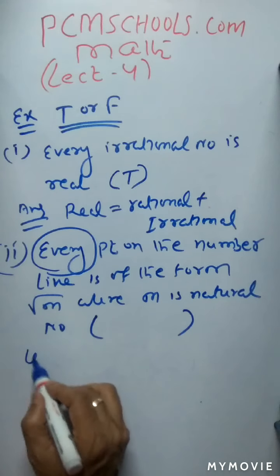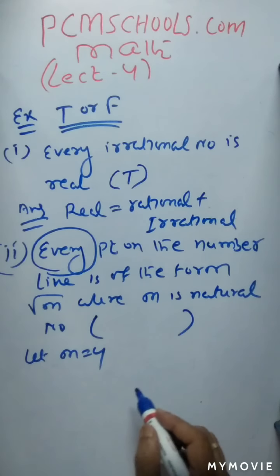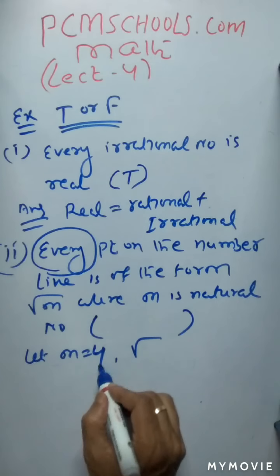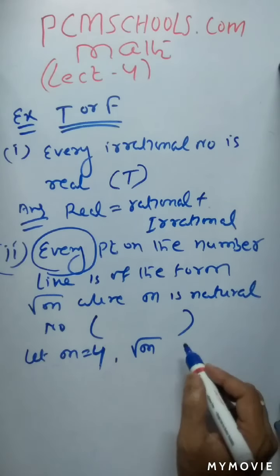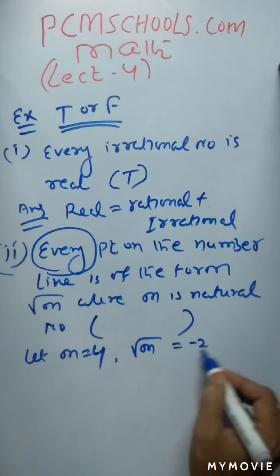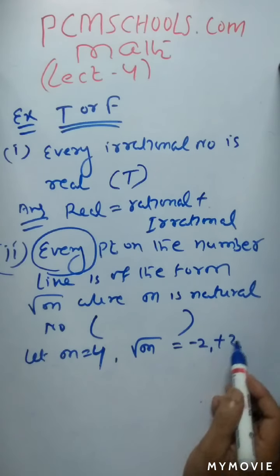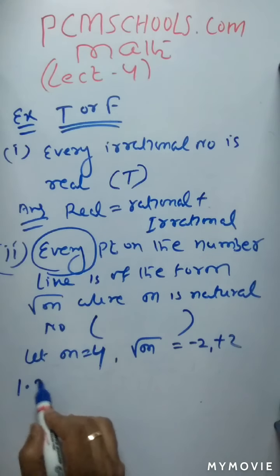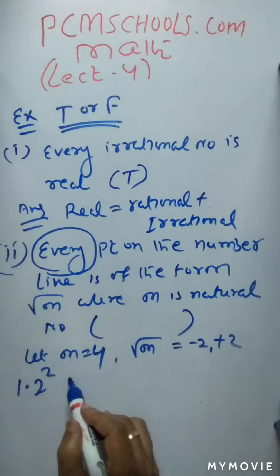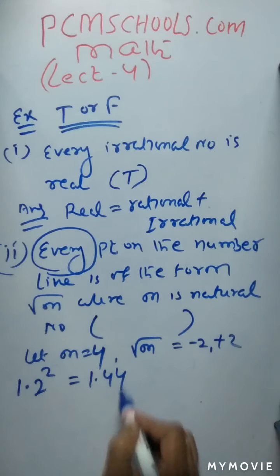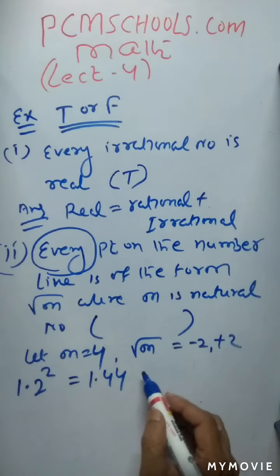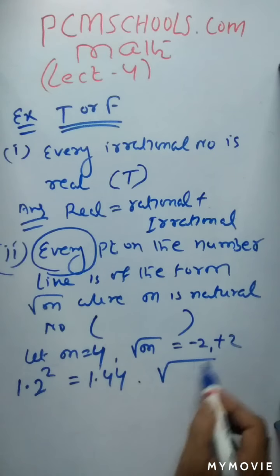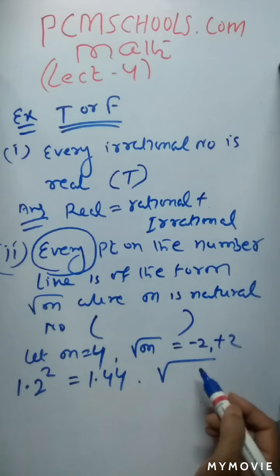So now see, let m be equal to 4. If m is equal to 4, 4 is a natural number. Then what is the square root of m? Square root of m is either minus 2 or plus 2. So these two numbers lie on the number line. But you take 1.2 square. So what is 1.2 square? It is nothing but 1.44. And this 1.44 is not a perfect square of a natural number.